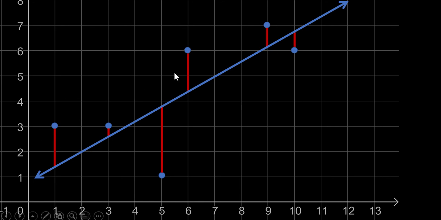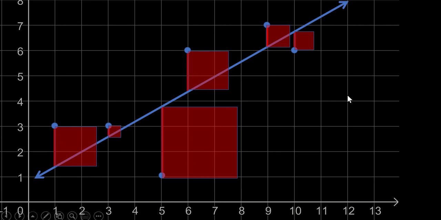No, no. I think, well, the problem is that some of these are canceling each other out, and I could make this a horizontal line and still have residuals that add up to 0, and it wouldn't tell me much. So what we do instead is we look at squares that are built on these.